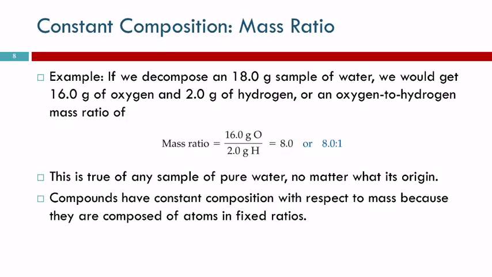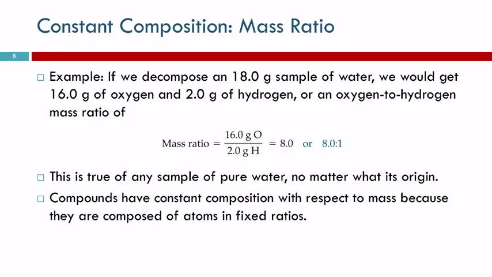If we take a sample of water that weighs 18 grams and we decompose it, we can do that by passing electricity through it. And if we collect the oxygen gas and the hydrogen gas and determine their masses, you'll get 16 grams of oxygen and 2 grams of hydrogen. And the ratio there of grams of oxygen to grams of hydrogen, 16 to 2, is 8 to 1.